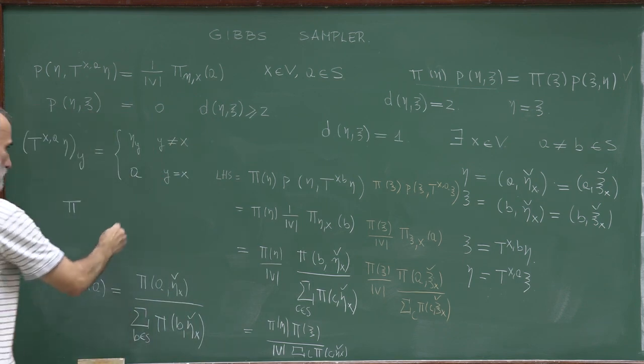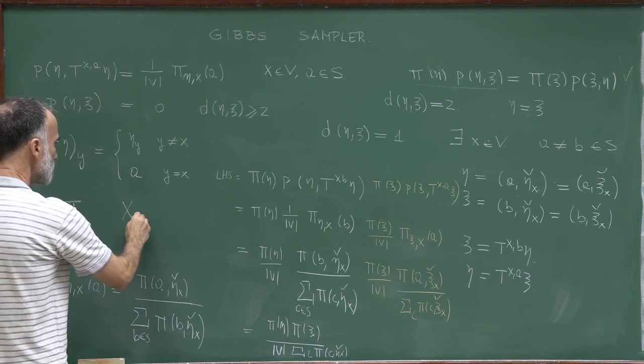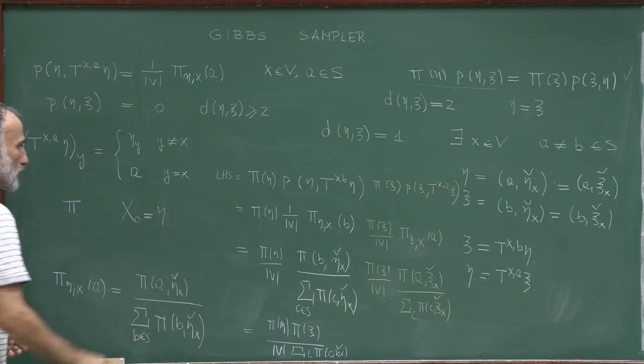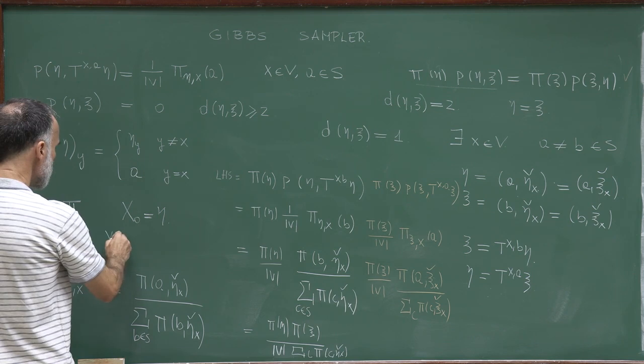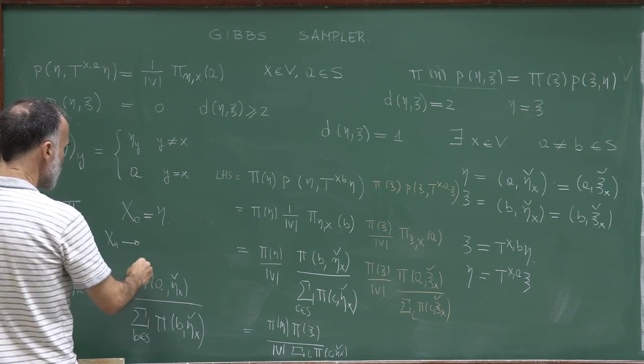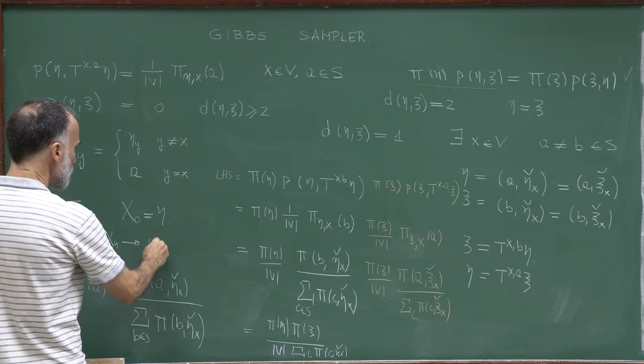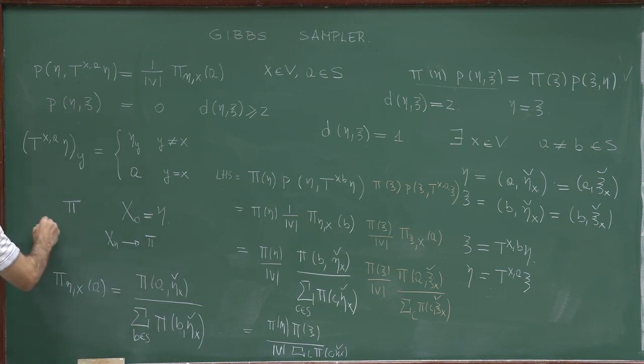We can start our Markov chain from any configuration, and use the theorem to say that the distribution of xi n will converge to pi. So this provided we prove that the chain is irreducible, and that's model dependent.